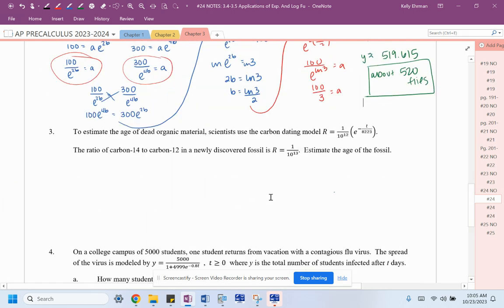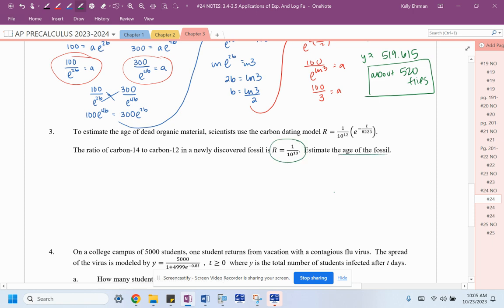Okay. To estimate the age of dead organic material, scientists use the carbon dating model, R equals 1 over 10 to the 12 times e to the negative t over 8,223. Okay. The ratio of carbon 14 to carbon 12 in a newly discovered fossil is this.